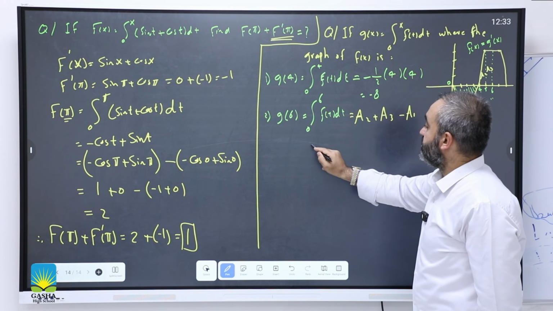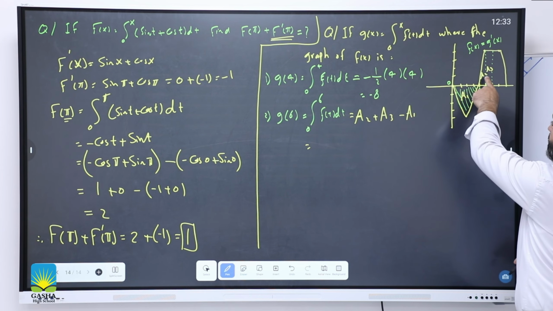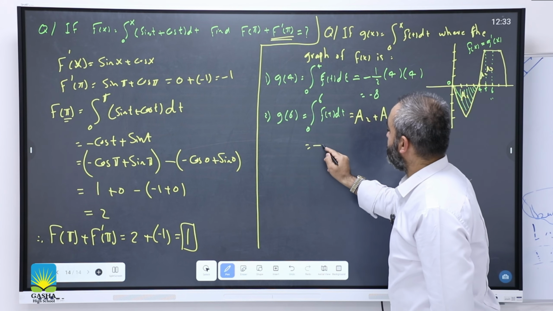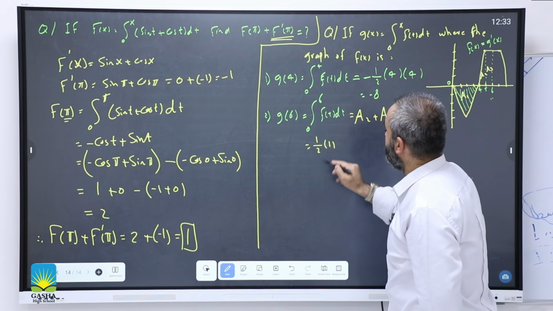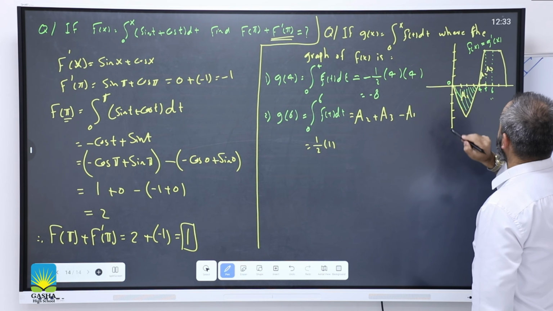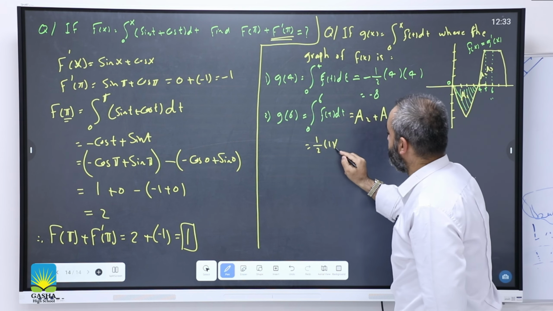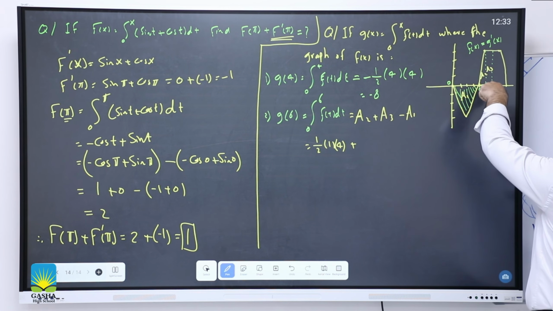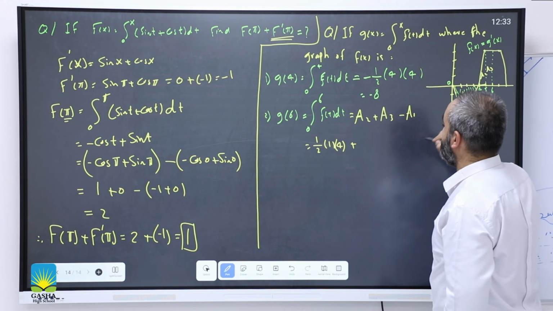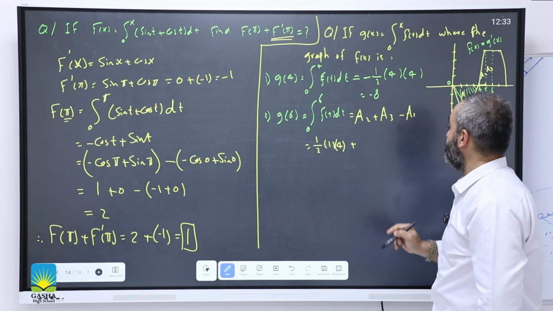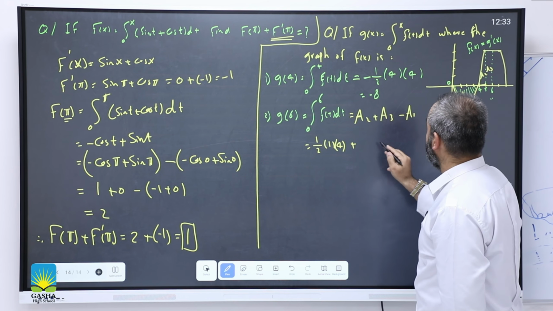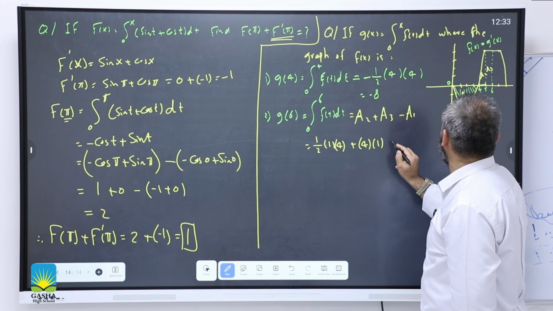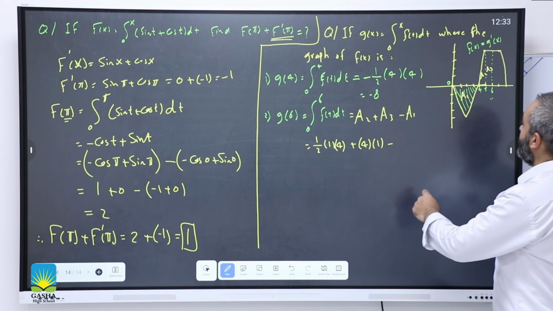So what's A2? A2 is the triangle, 1/2 base, the base equal to 1 and the height is 4. Plus, what's A3? A3 is the rectangle. The rectangle is length times width. So the length is 4, the width is 1. Minus A1.